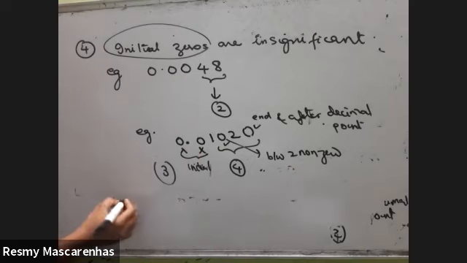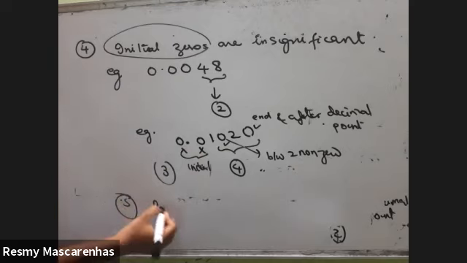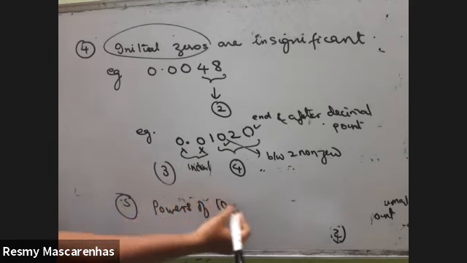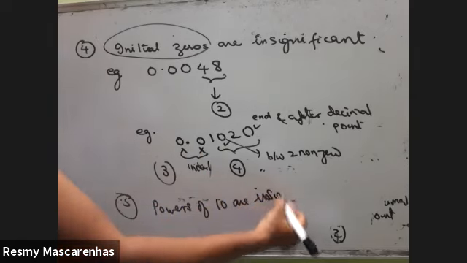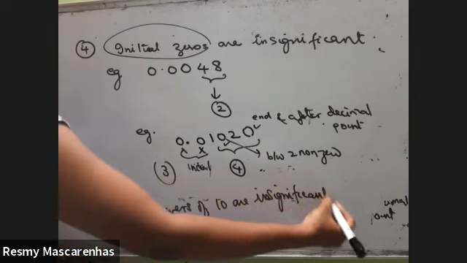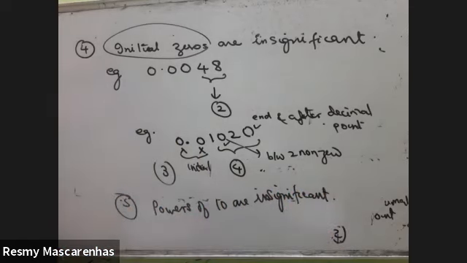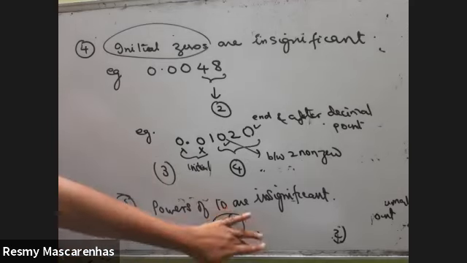The last rule, powers of 10 are insignificant. Example, how many significant figures to be considered here? Only these two. This is to be considered insignificant.